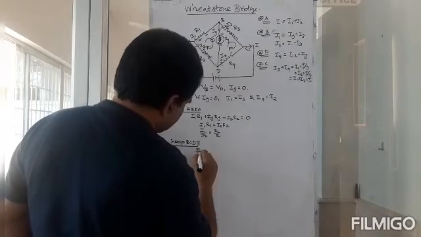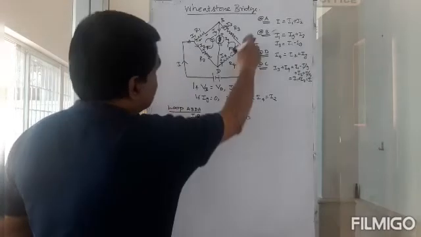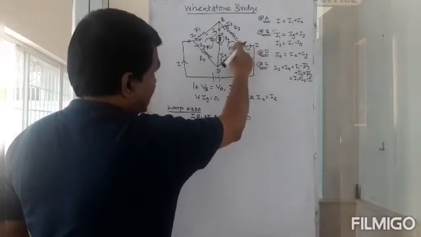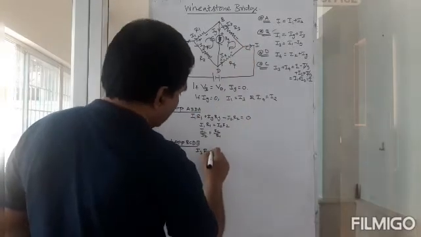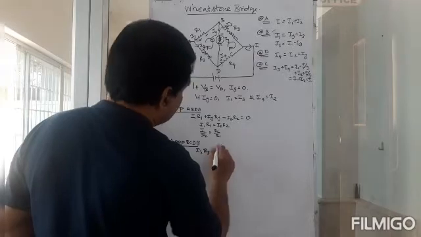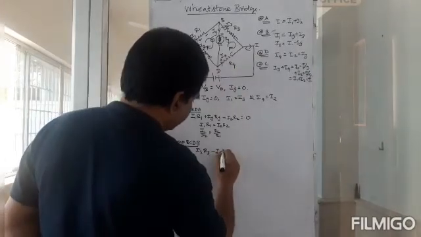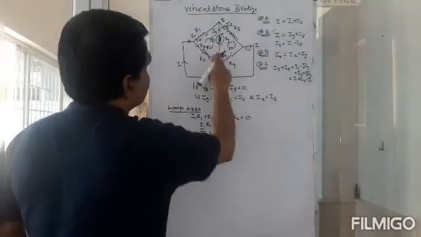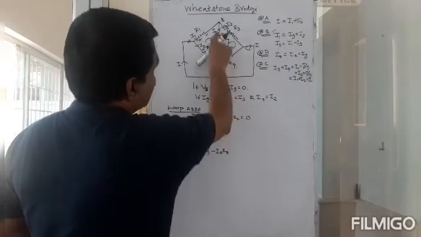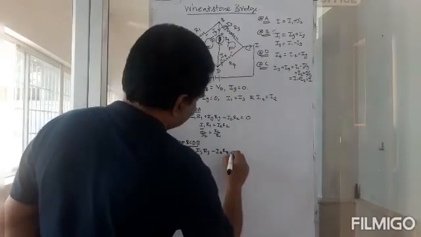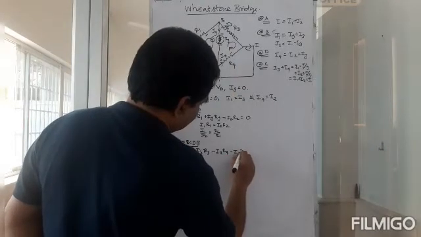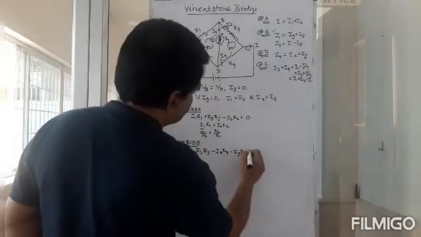And then it's minus I4 R4, because here I am entering through the negative terminal. And then again I am entering through the negative terminal, so minus Ig Rg. And come back to B. So it's equal to 0.